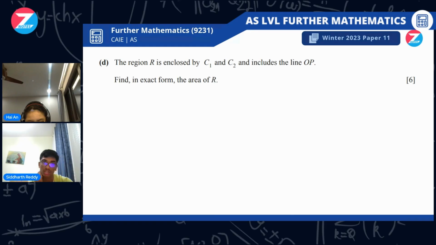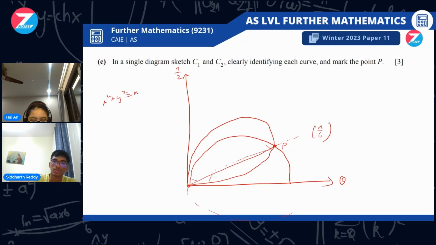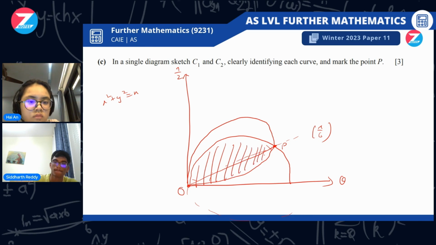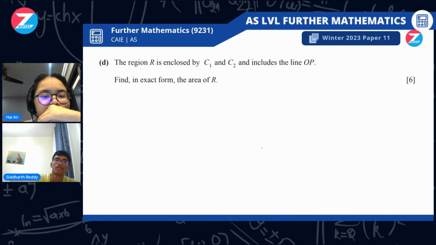The region R is enclosed by C1 and C2 and includes the line OP. Find in exact form the area of R. So this is the line OP. So they're asking us to find out this region, enclosed by both of them.